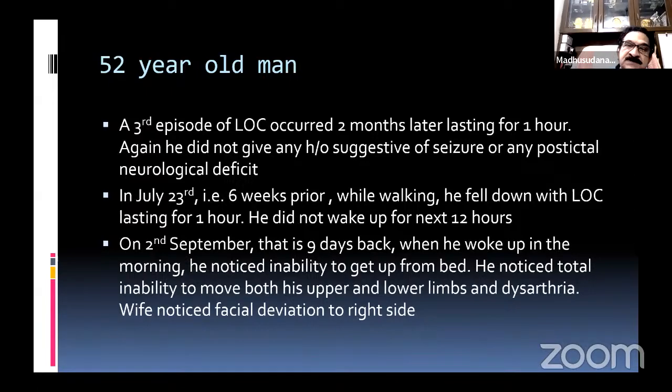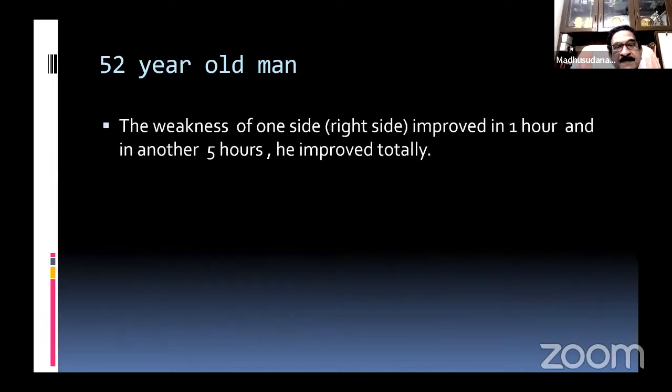So many episodes of loss of consciousness lasting minutes to some hours, and one episode of deficit with quadriparesis and facial deviation. The weakness improved in 1 hour, and in another 5 hours, he improved totally. No sequelae after recovery, even though he had quadriplegia.